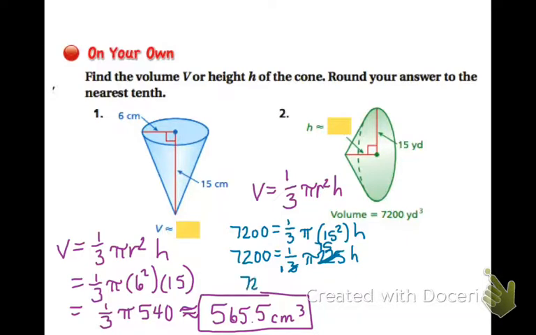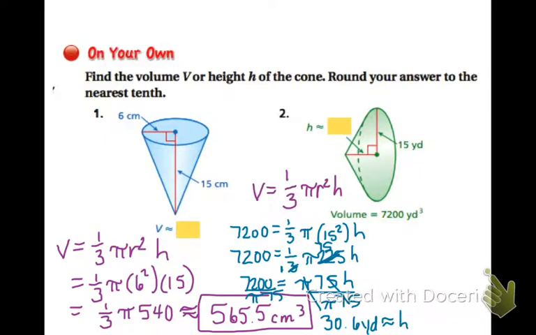So we have 7,200 is equal to, now we just have the pi, the 75, and the h. So we're going to divide both sides by pi 75. When we do that, we're going to get that h is approximately equal to 30.6 yards.